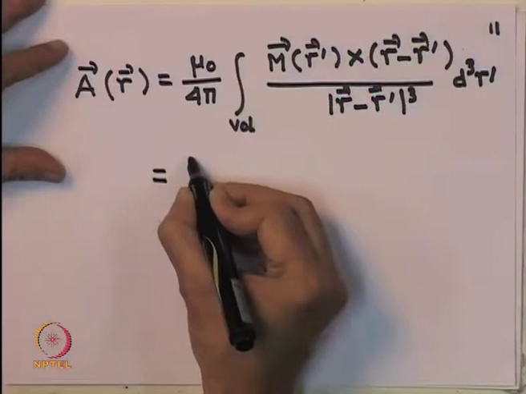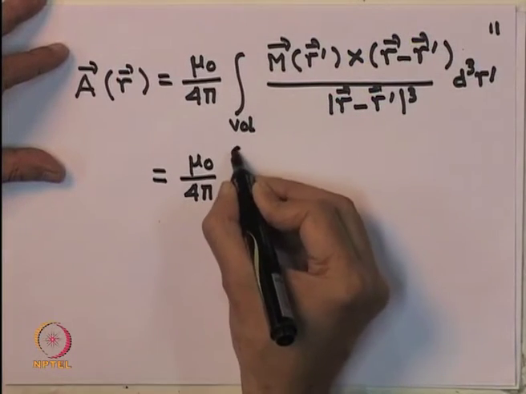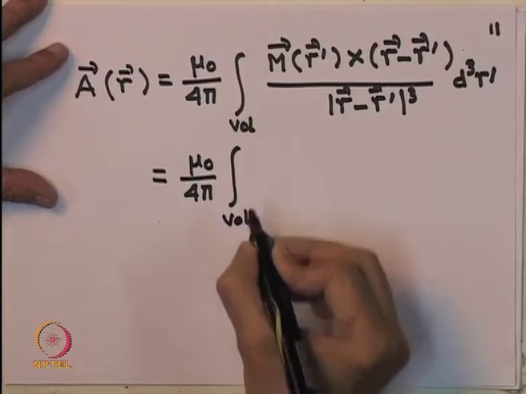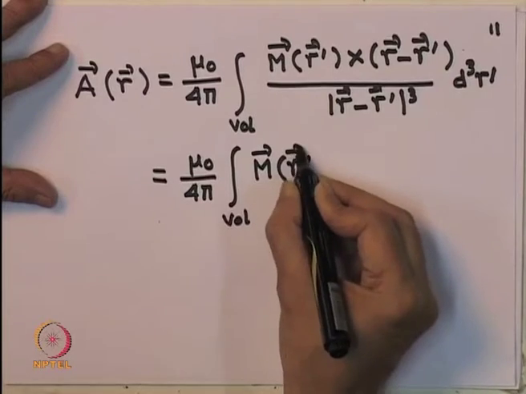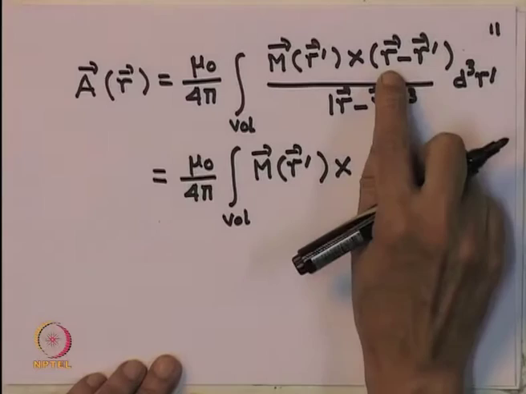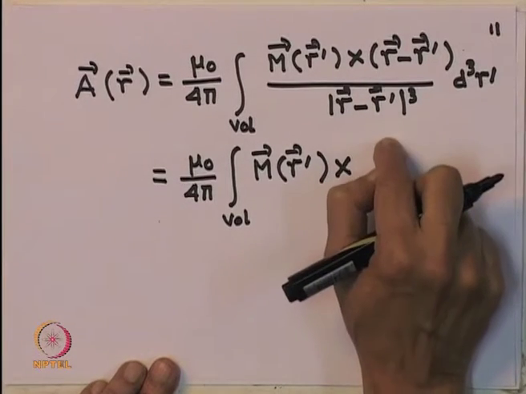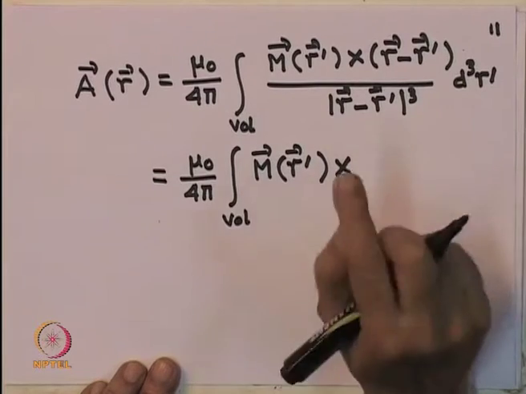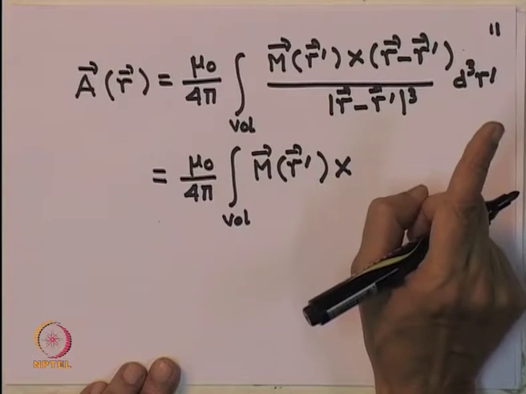So, what we have done is this. The first thing that we do is, we will write this as mu 0 by 4 pi, integral over the volume, m of r prime cross. Now, notice r minus r prime by r minus r prime cubed is the negative gradient of 1 over r minus r prime, but I am going to take care of that negative sign.